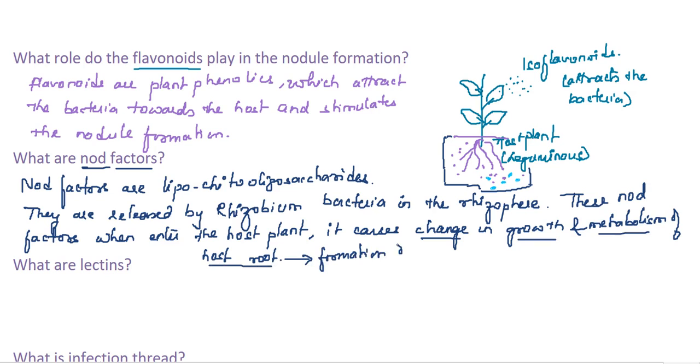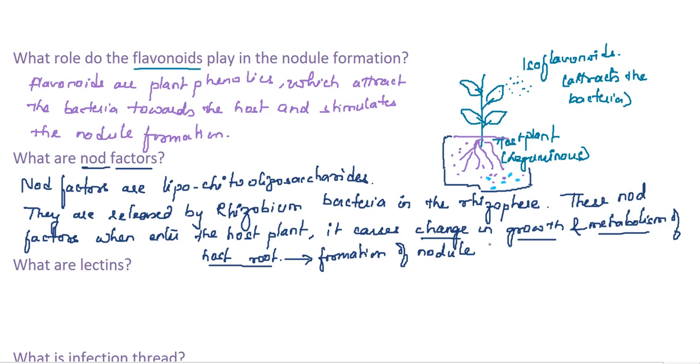So what are these nod factors doing? They are showing some change in growth and metabolism of host root, as a result of which nodule is formed. Clear? Ultimately their main role is formation of nodule on the host root.